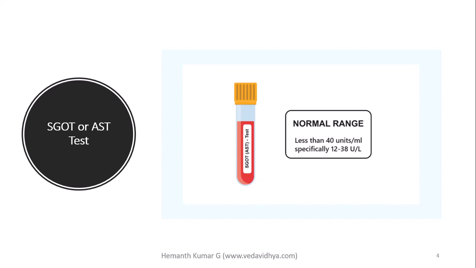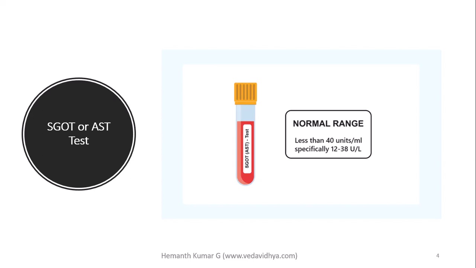For instance, comparing SGOT levels with ALT, another liver enzyme, can help differentiate between various causes of liver damage. Maintaining AST levels within the normal range is indicative of a healthy liver function. However, elevated levels require further investigation.